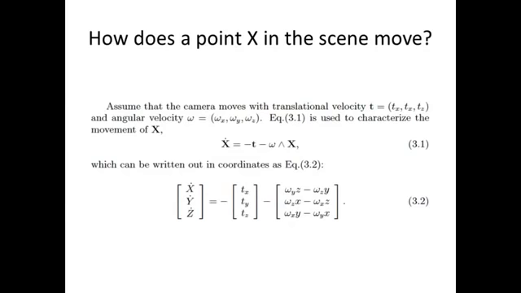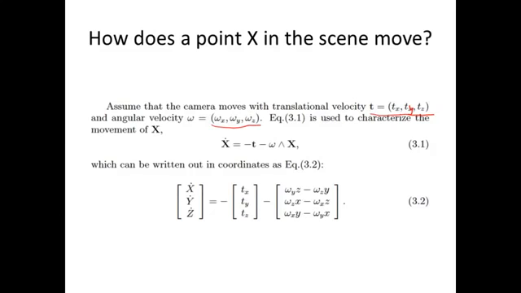So we are going to give the movement to the camera. So assume that the camera has a translational velocity which has three components, t sub x, t sub y, t sub z, and an angular velocity which is given by the components of omega.